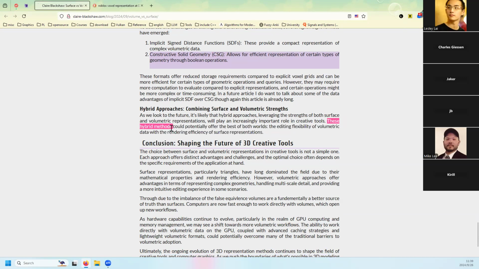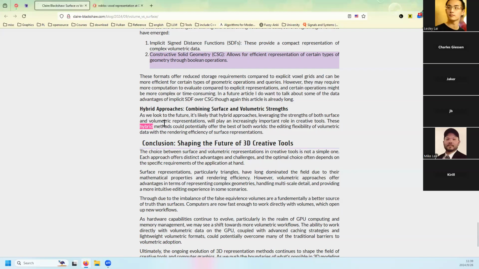Hybrid method. Yeah, maybe I just don't know what they will look like. At least from an artist's perspective, you need to work with one or another. You can maybe convert them, but I don't know what kind of thing they consider hybrid. Well, I don't know if you remember the Magica CSG thing.